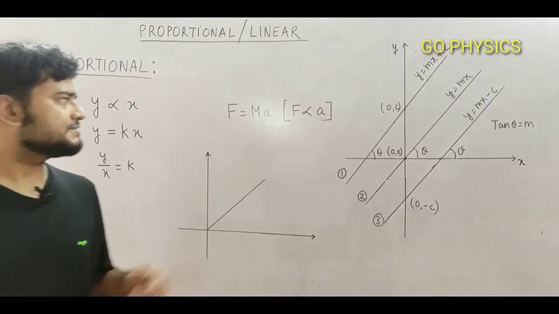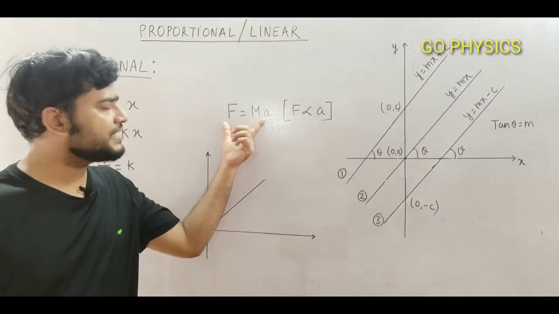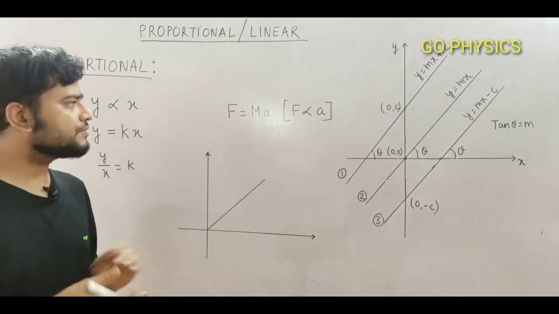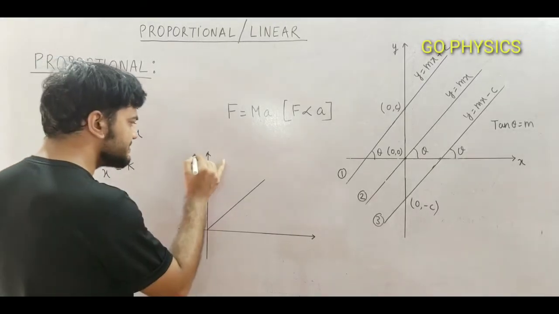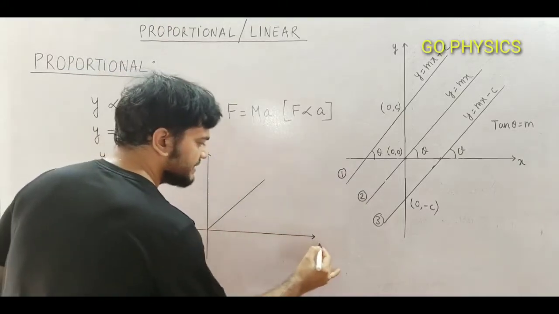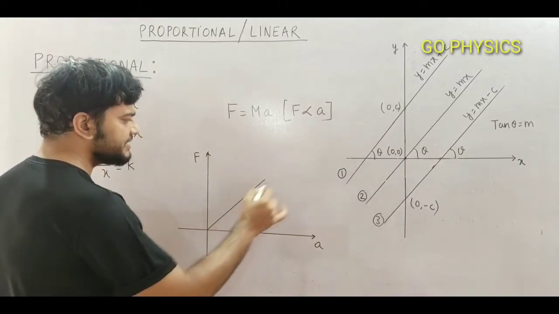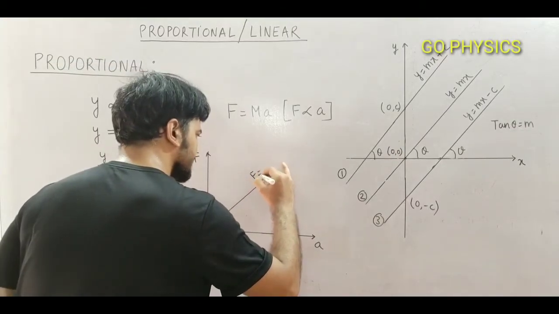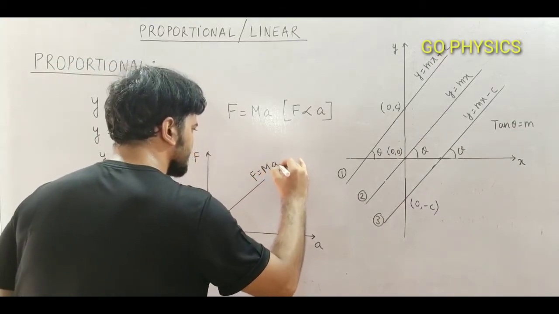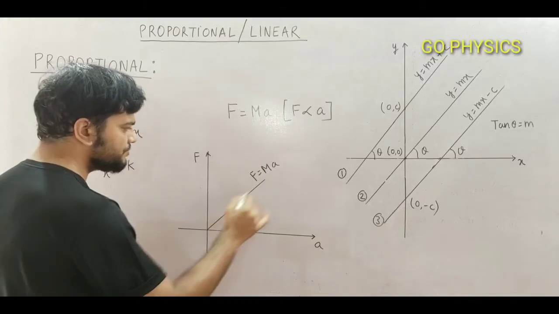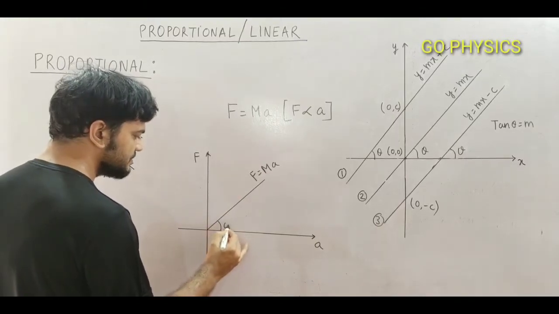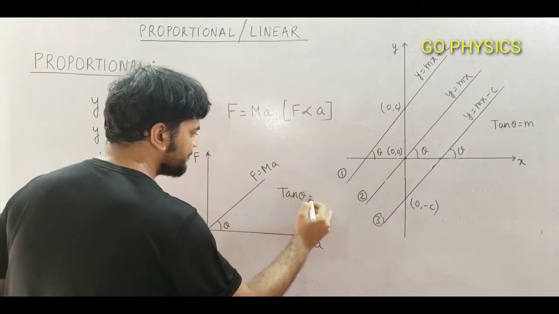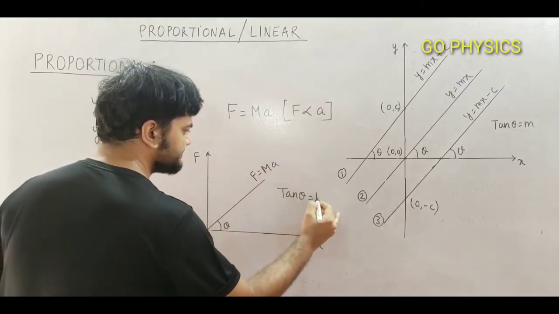So the relationship between force and acceleration is proportional. And if we draw a graph between force and acceleration, then it will be a straight line passing through the origin. And if we talk about the slope of this line, then tan theta will be equal to the mass of the body.